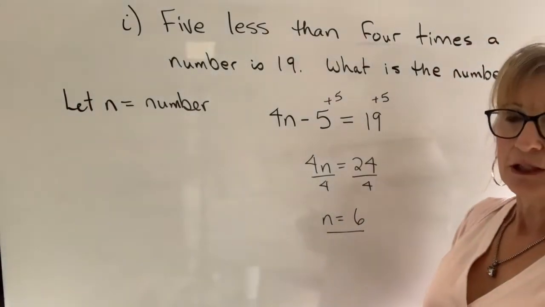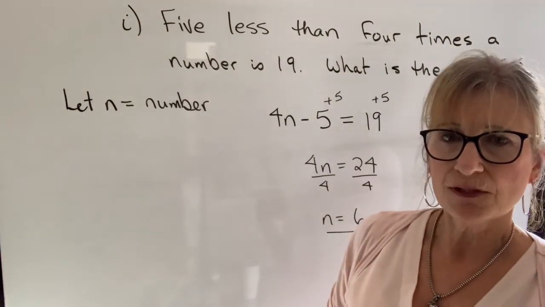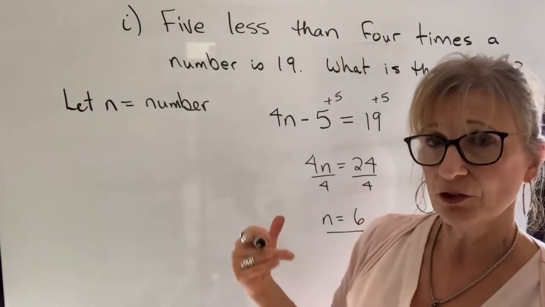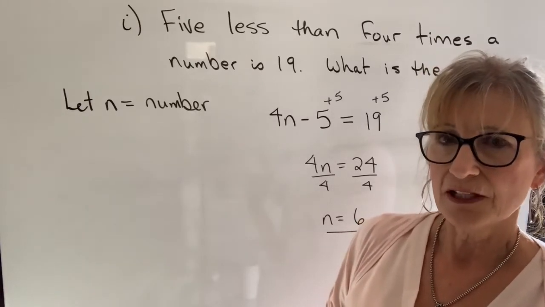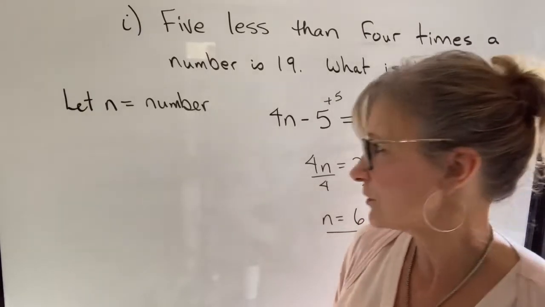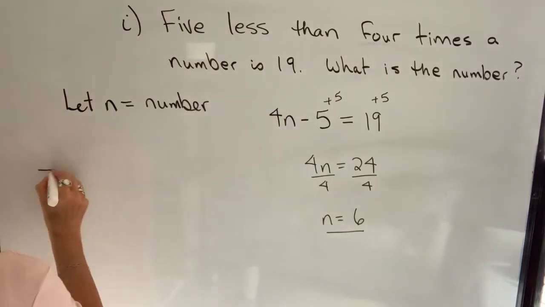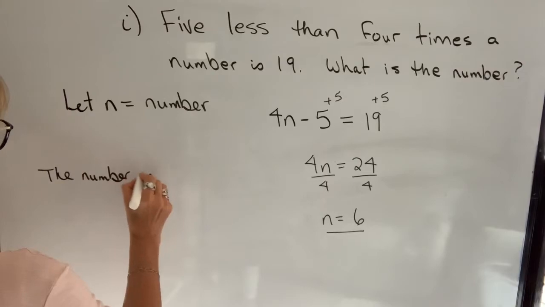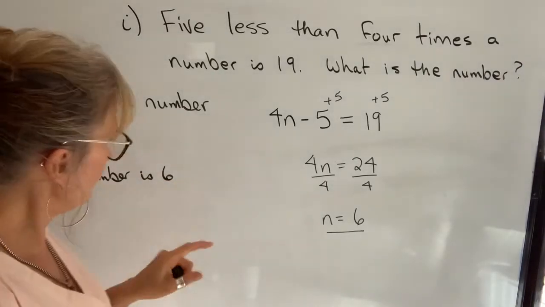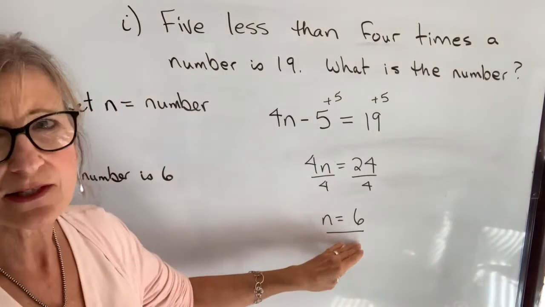When you get a result, first of all, check that you've answered what the problem asked, and then you'll often be asked to put that in sentence form where you answer the question. So we would say the number is 6. Now, before I finish this, what I would probably do first is check this.